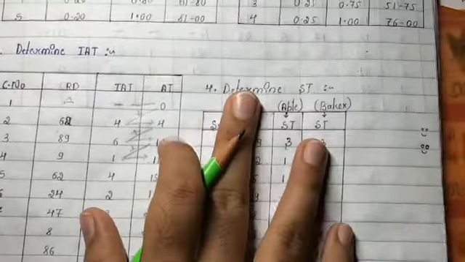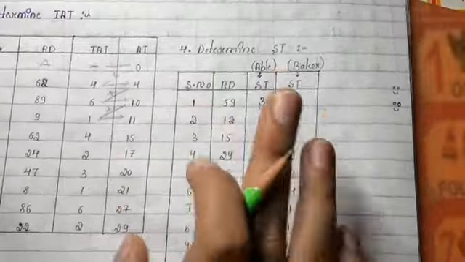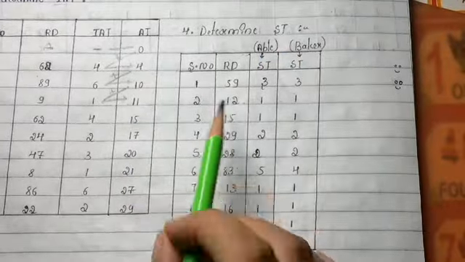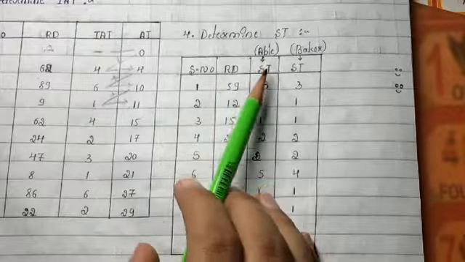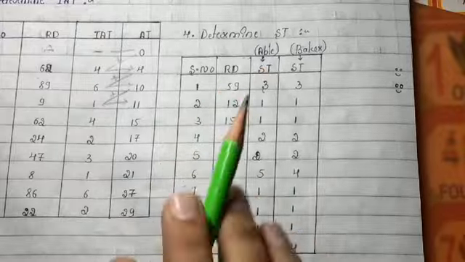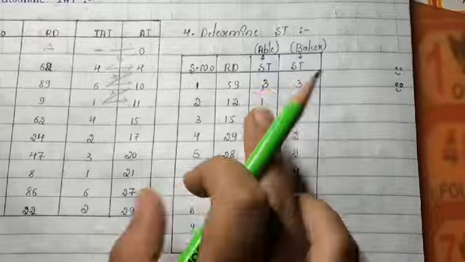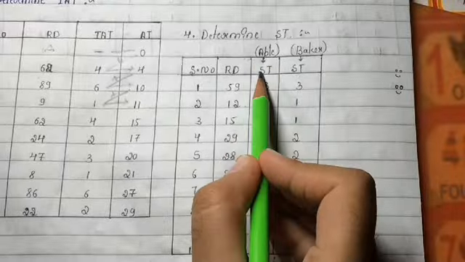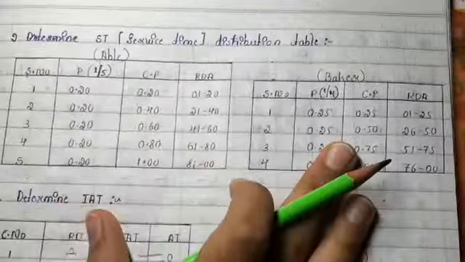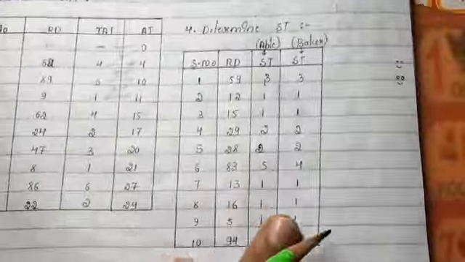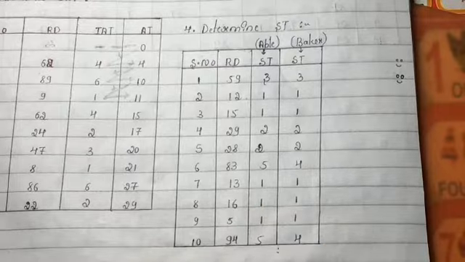Okay, now for the 4th step, to determine service time, that is, random digits are given for the service time, so we are writing those values and we are calculating the service time for Able. I have considered the two tables separately.